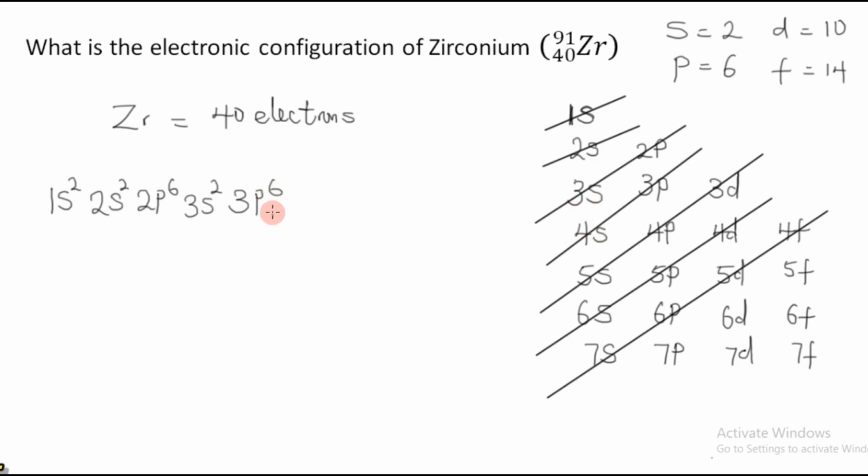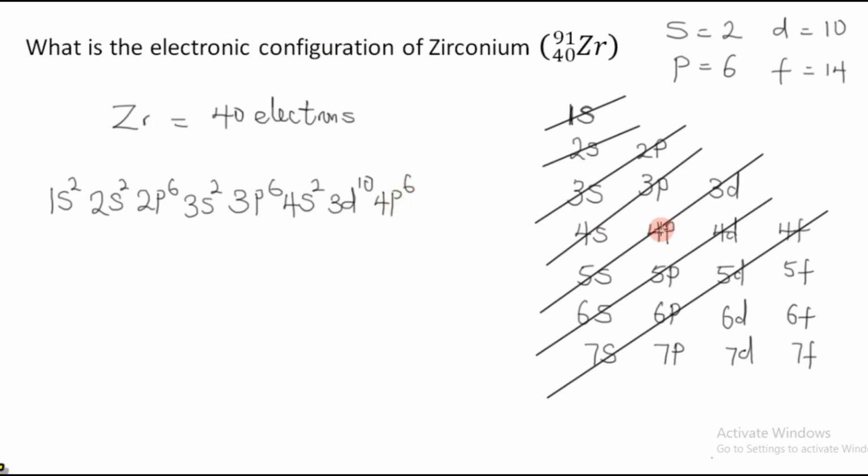From there, I move to the 4s2, right? From here, I will move to the 3d orbital, and d orbital will take a maximum of 10 electrons. So this will be 3d10, right? From the d orbital, I move to the 4p orbital. So that will be 4p6, right?